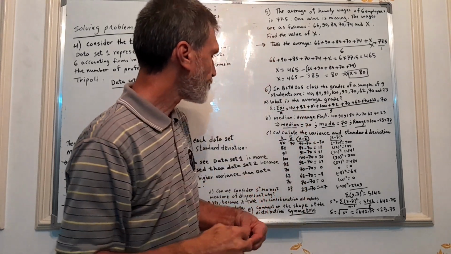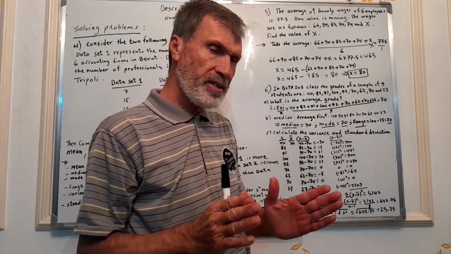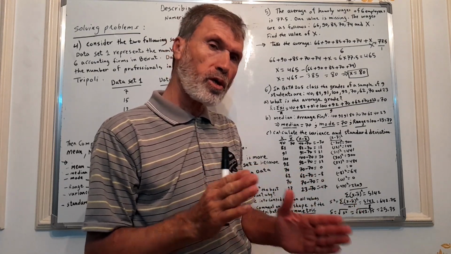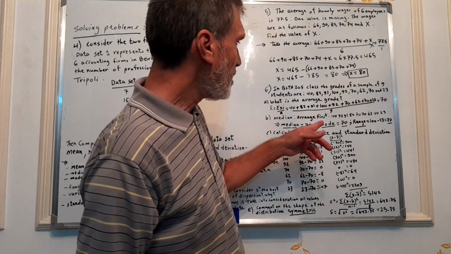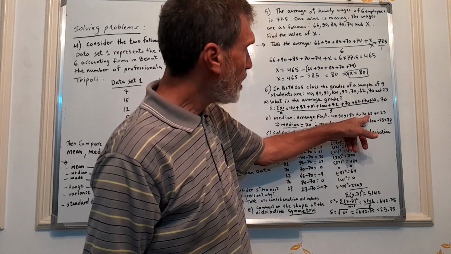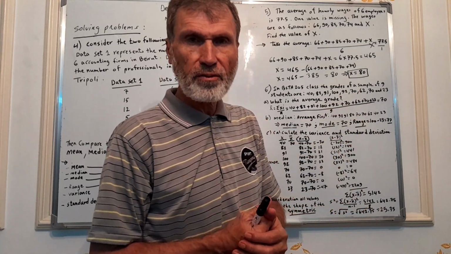Now, the median. The very first thing is to arrange the data from smallest to largest or largest to smallest. Here, we arranged them from largest to smallest. Since we have 9 students, we have an odd number of observations.